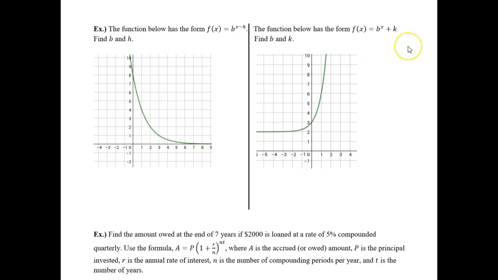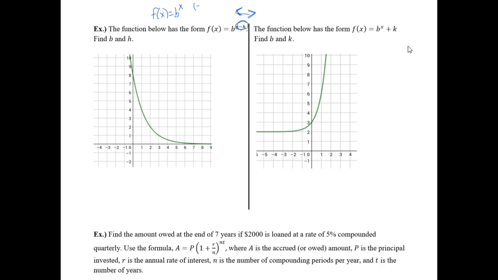Now, we know, because of this h value, that the graph is going to have shifted left or right. So an original graph, the parent graph as we call it, f of x equals b to the x without the h, should have some very particular points, right?